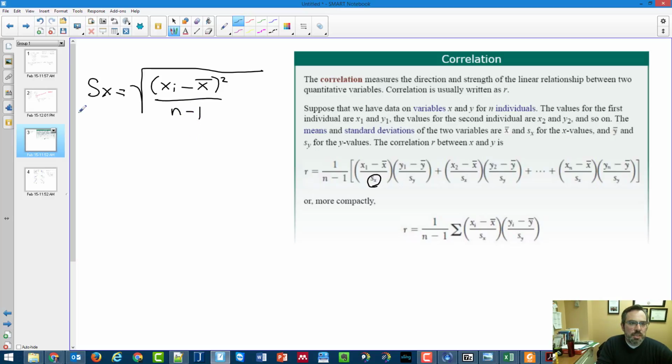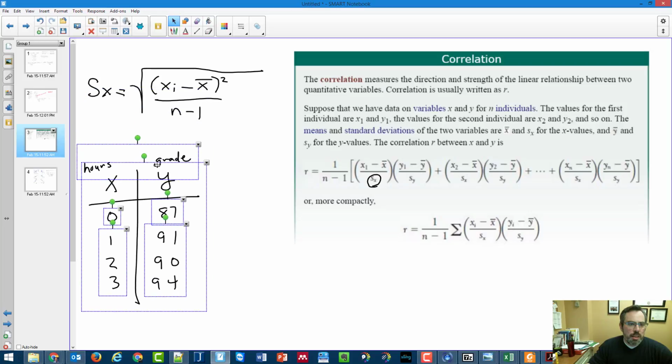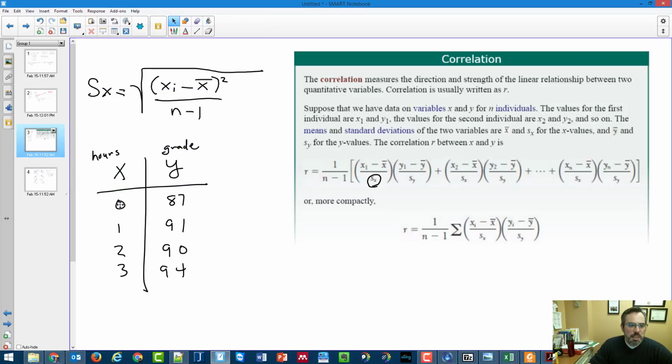So in this example that I was using before, and I'll put it down here, I would have to take each one of the x's, and I'd have to find the average. I have to take 0 minus the average and square it, 1 minus the average and square it, 2 minus the average and square it, and so on. Then add them all together. And I should have put the sum in here. I forgot that, the summation of it. I have to add all those together.